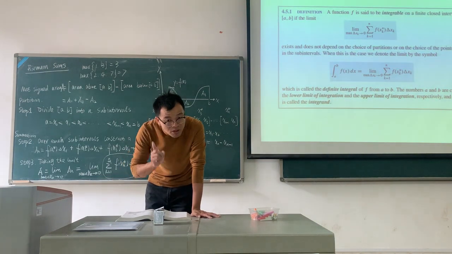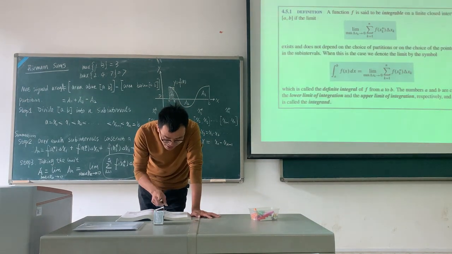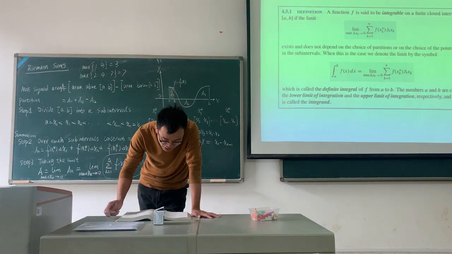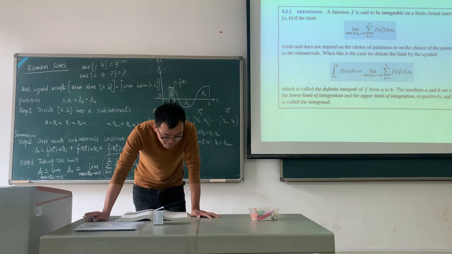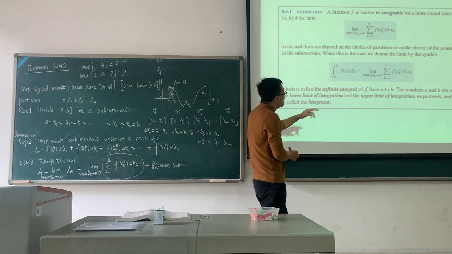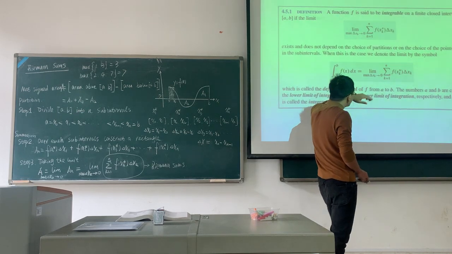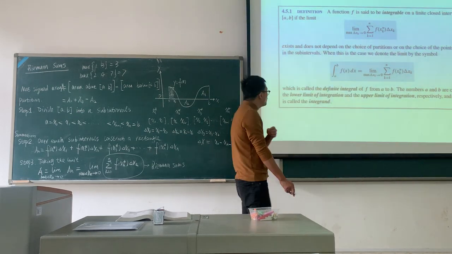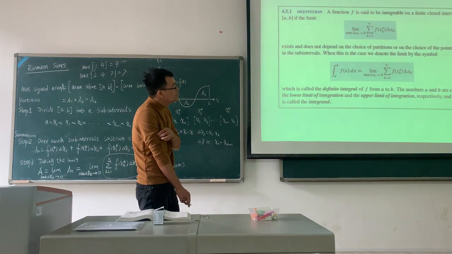So the first condition is that the limit exists, and the limit does not depend on the choice of the partition or on the choice of the points xk star in the subintervals. When this is the case, we denote the limit by the integral from a to b of f(x) dx, which is called the definite integral of f from a to b.